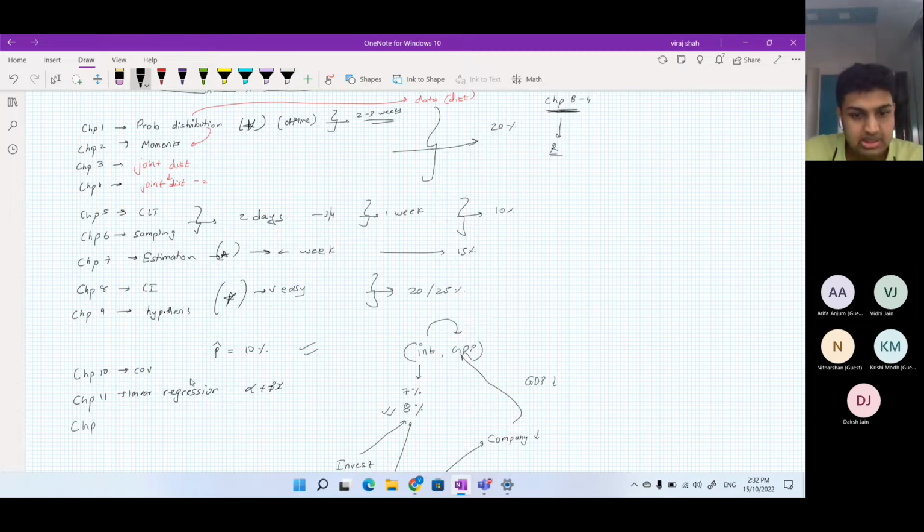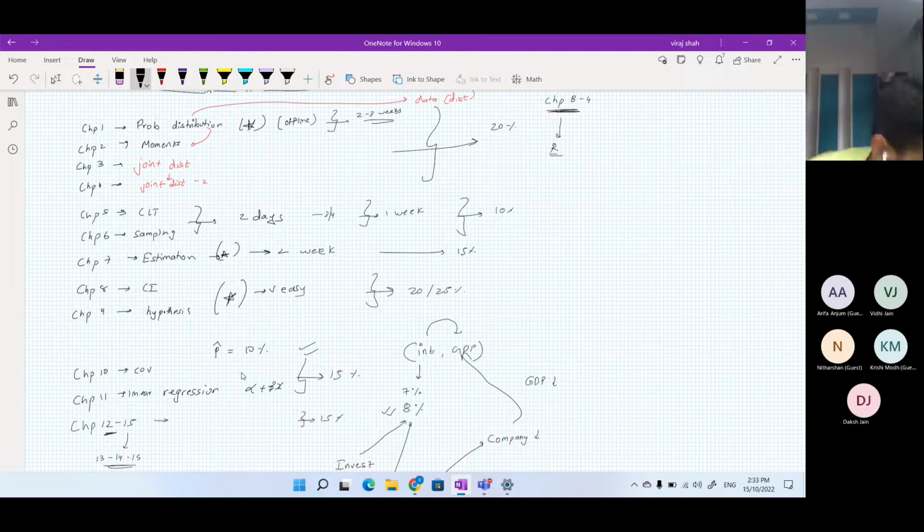Okay, चैप्टर 10-11 का वेटेज होगा अराउंड 15% दोनों मिला के. ओके, सो अभी तक इफ यू कैलकुलेट, 85% हो गया. सो चैप्टर 12 to 15, ओके, would have a weightage of around 15%. उसमें से चैप्टर 12 is the most important. 13, 14 and 15 are quite not important chapters.